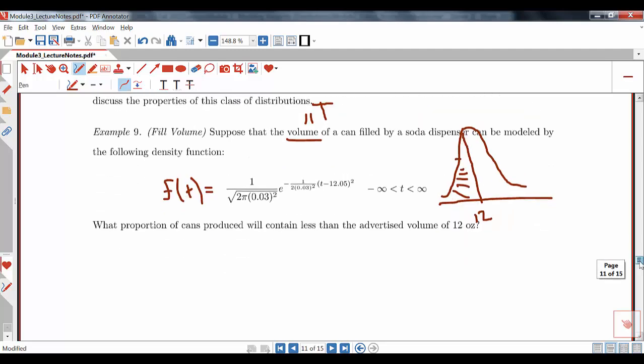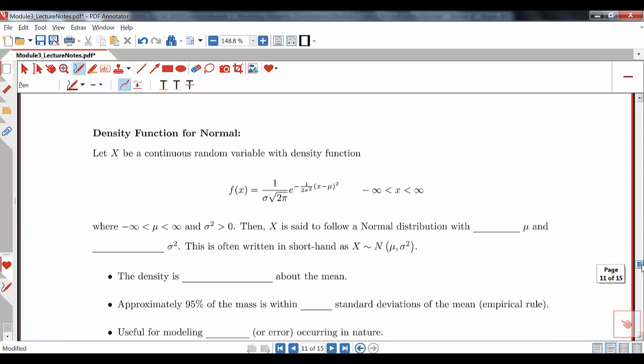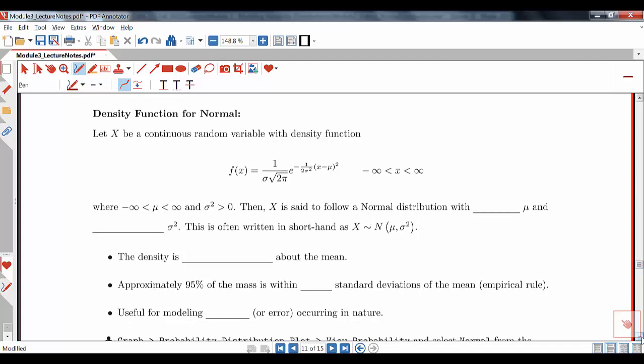So now we define exactly what the density function of a normal looks like for any normal with a mean of mu and standard deviation of sigma. So let x be a continuous random variable, and let's go back up to this. Right here is my standard deviation, and right here is my mean mu. So a normal has two parameters. One is the mean, and the other is, actually he squared it here, so that's the variance.